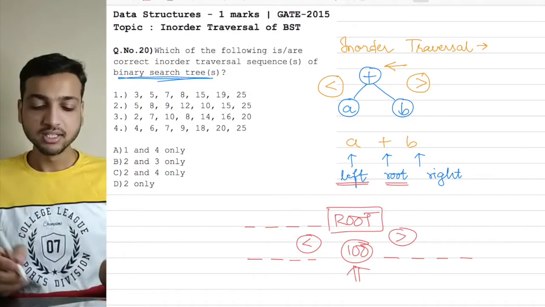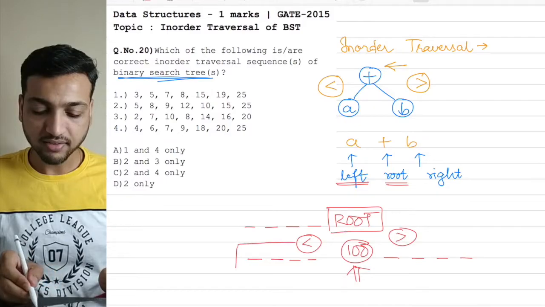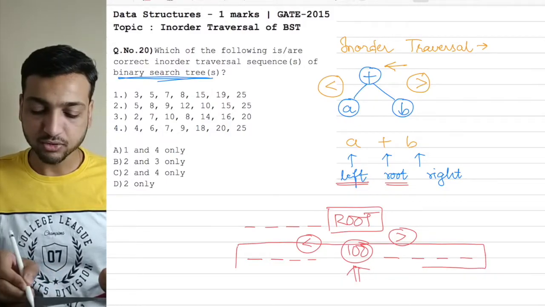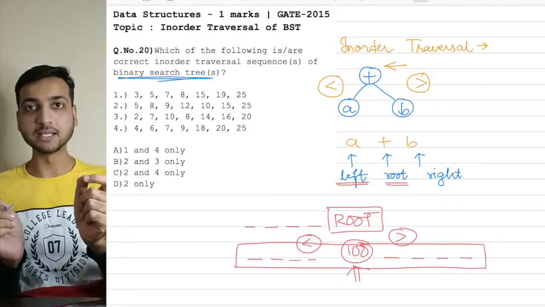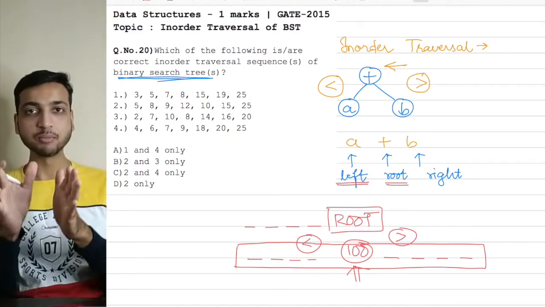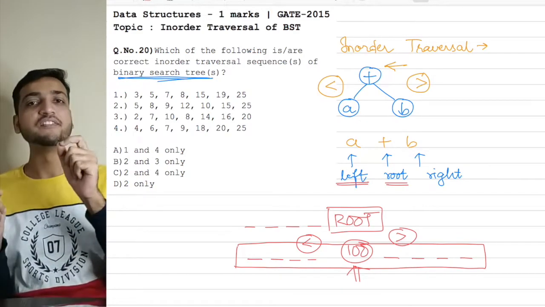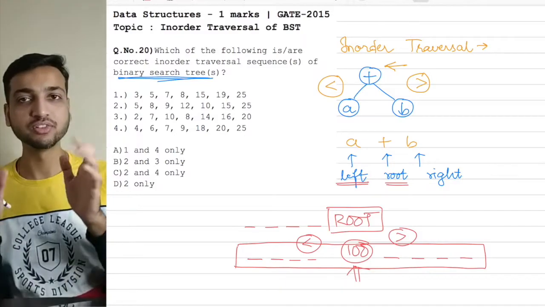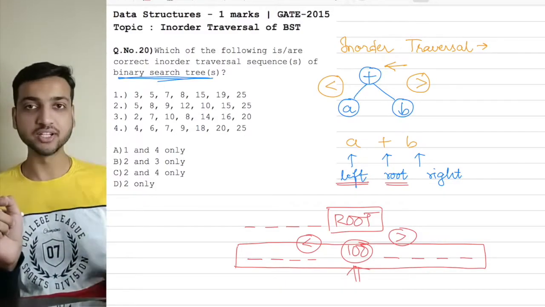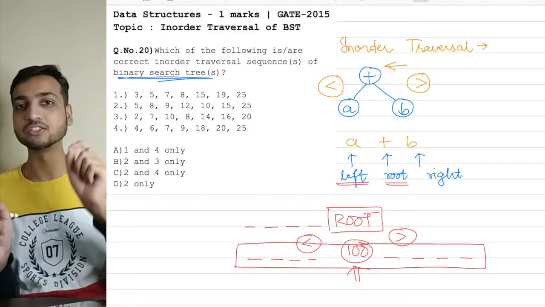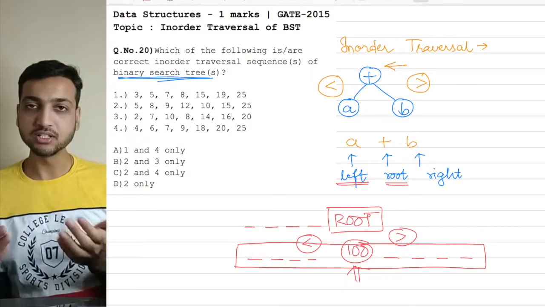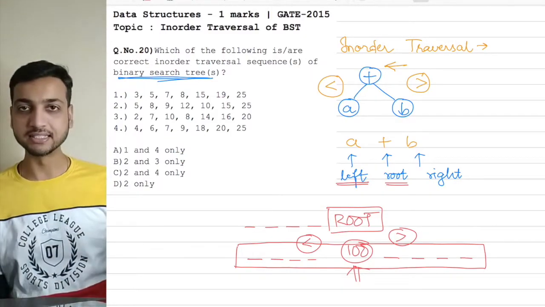So this entire in-order traversal of the tree is actually going to be a sorted list. Just think about this statement. I'm going to repeat it again. Whenever we do an in-order traversal of a binary search tree, not any tree, but a binary search tree, the output is going to be a sorted list.